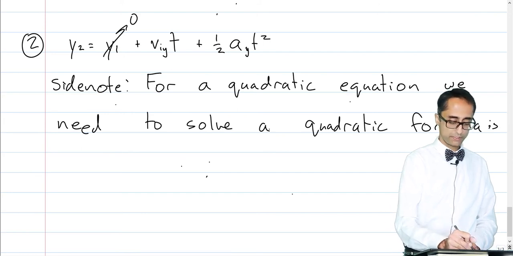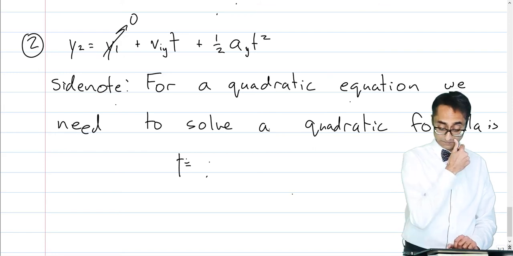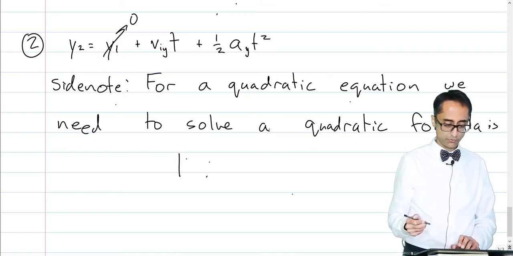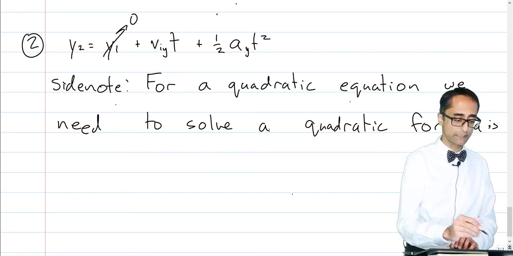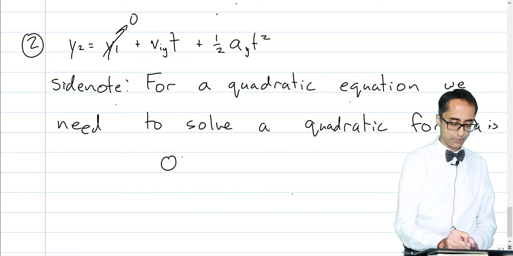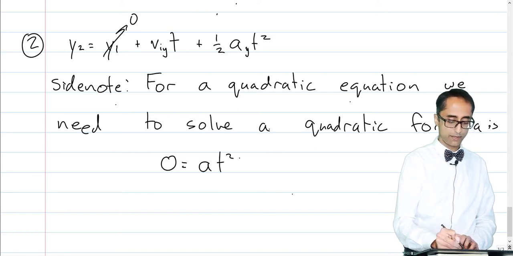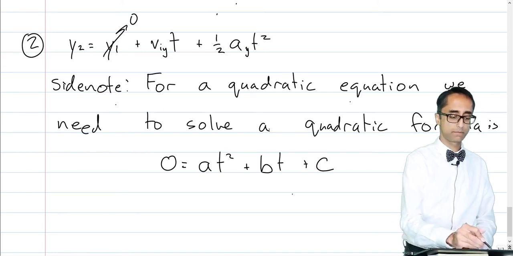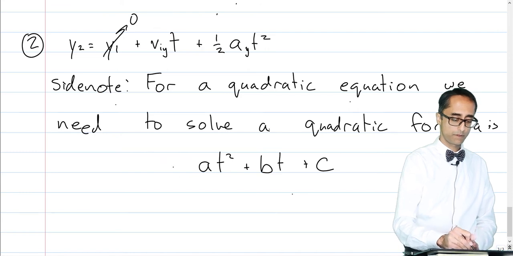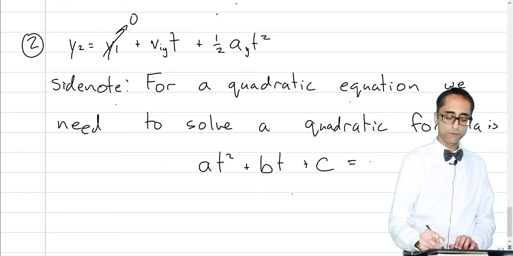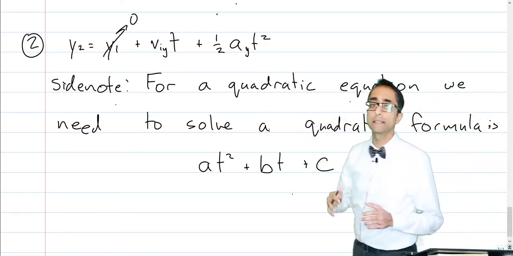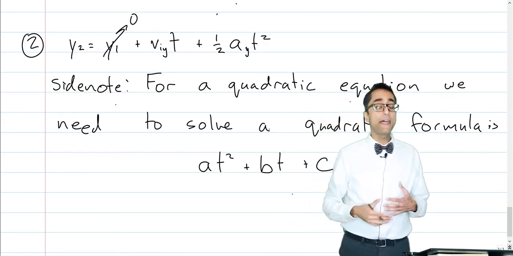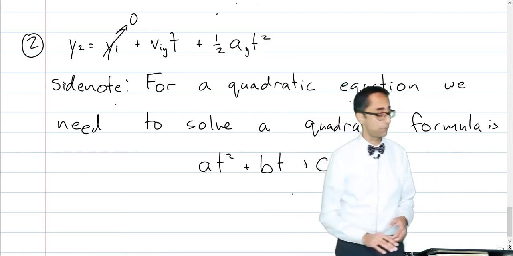And so t is equal to, you know what, let's write it the other way around. So the general form of a quadratic equation is that 0 equals a t squared plus b t plus c. And so if you can write your equation in this form, where a is a constant, b is a constant, c is a constant, and t is our unknown, then you can use the following equation to solve for it.